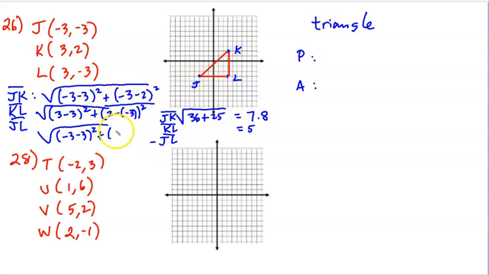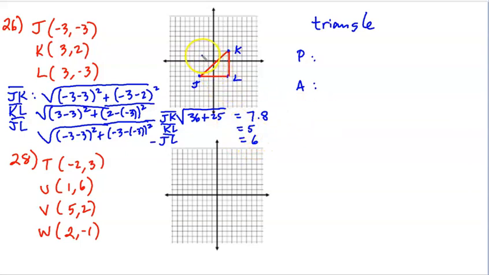So I jumped into the distance formula. You can see it in action, but it's easy enough just to count those. All right, so we did the difference between the x's. So that's going to be -6 squared, which is 36, and the square root of 36 is 6.